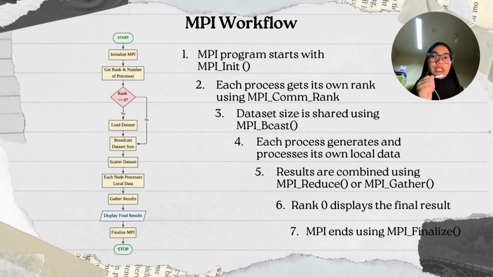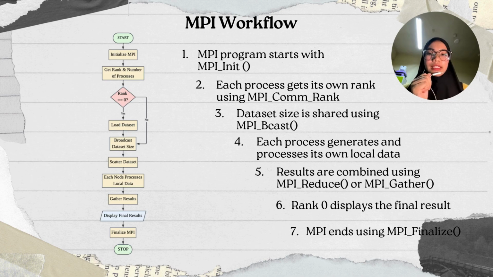Okay, this slide shows the workflow of the MPI program. We can see from the flowchart. First, the MPI program starts with MPI_Init. Then each process gets its own rank and the total number of processes using MPI_Comm_rank and MPI_Comm_size.